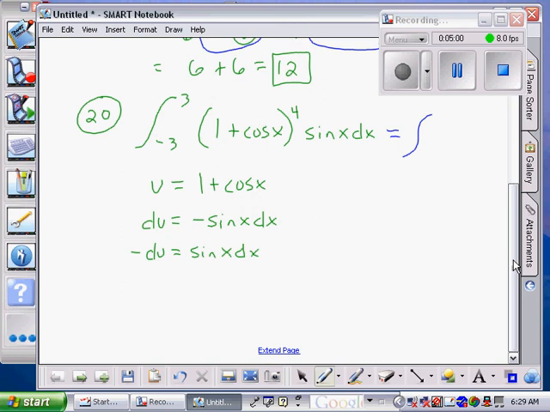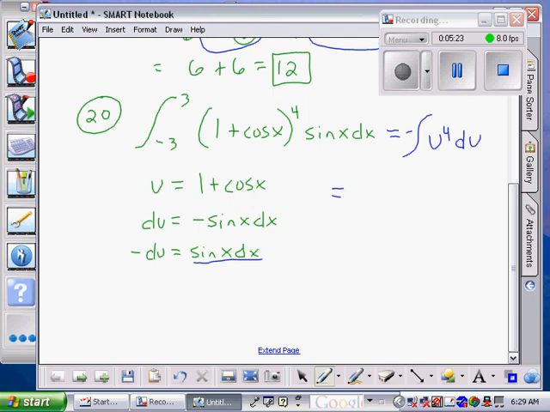I pull the negative out first of all, and what does the 1 plus cosine of x to the fourth get rewritten as? U to the fourth. And then sine of x dx is my du. And I've already pulled that negative out in front.